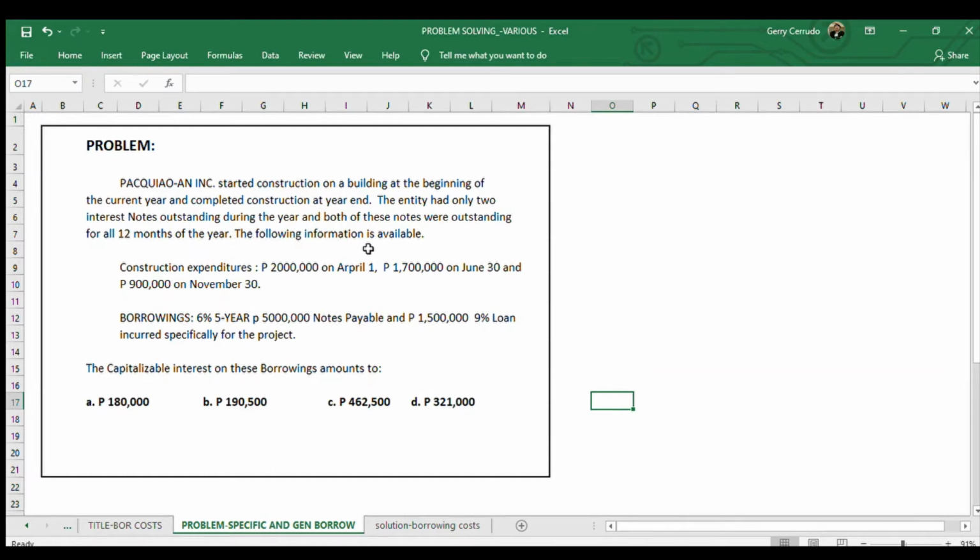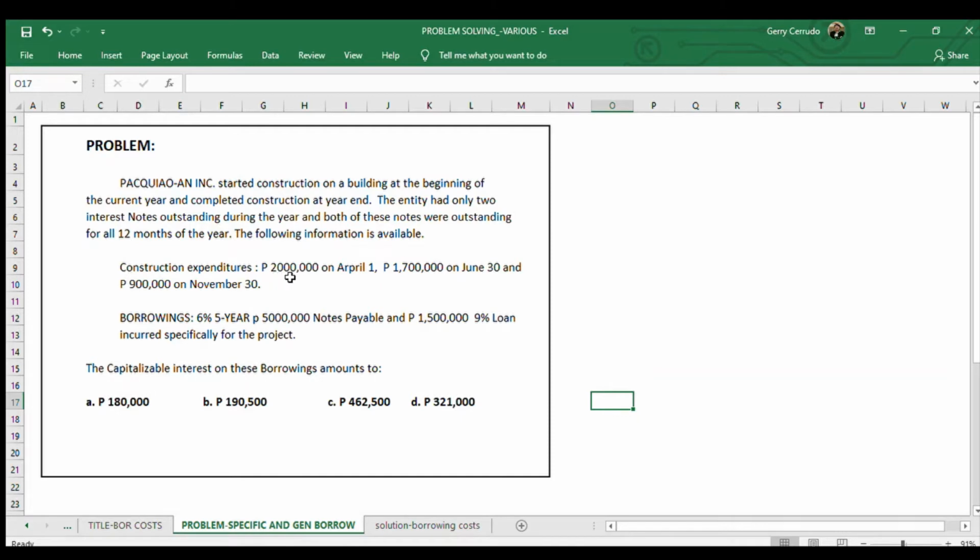So, as given in the information, outstanding siya from day 1 of the operating year, from January to December. Okay.